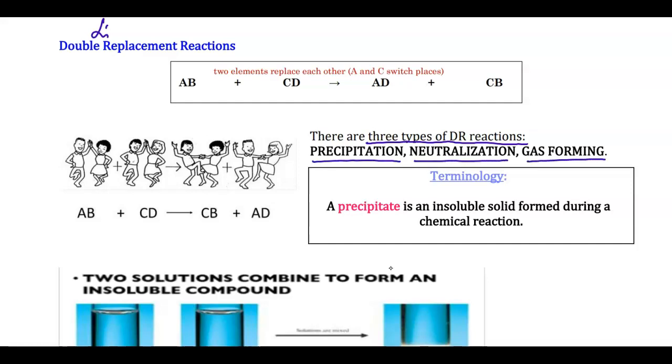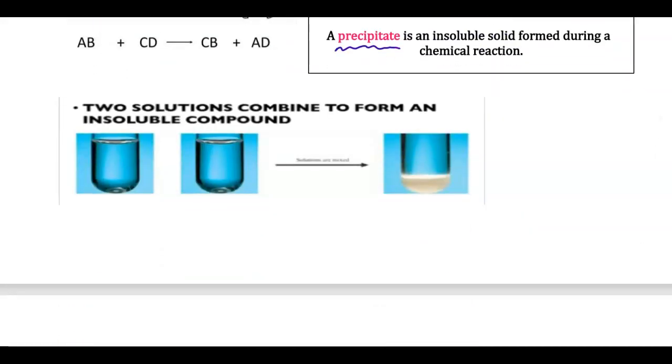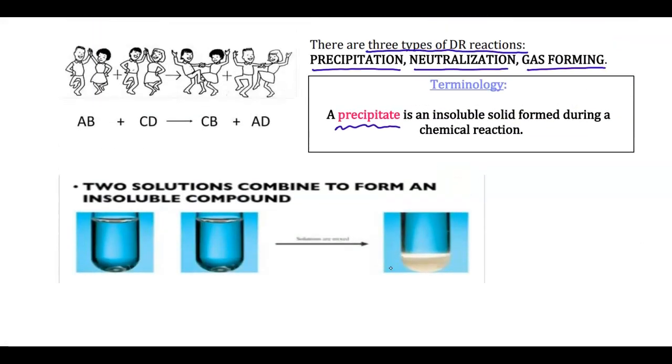Terminology in U1. A precipitate is an insoluble substance, right, formed during a chemical reaction. For example, we have two solutions here, right? They are transparent. We don't see anything inside the water.